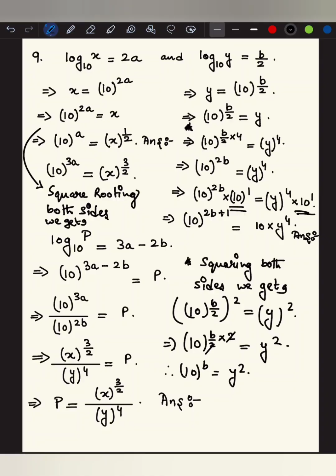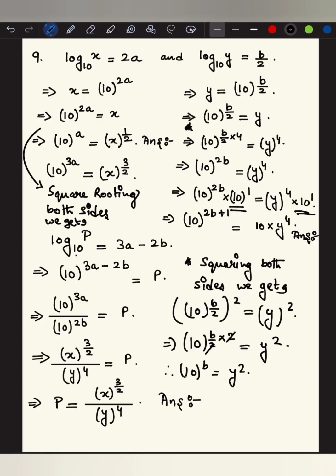So the third part of the question is given as: if log p base 10 is equal to 3a minus 2b, then express p in terms of x and y. So log p base 10 is equal to 3a minus 2b, right? First of all, let us convert this into exponential form.